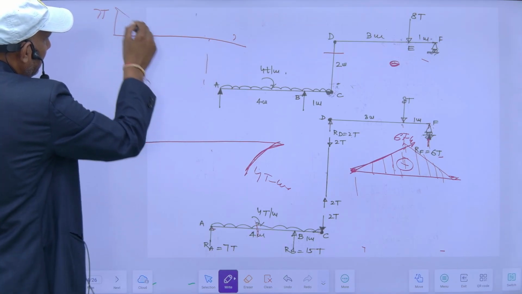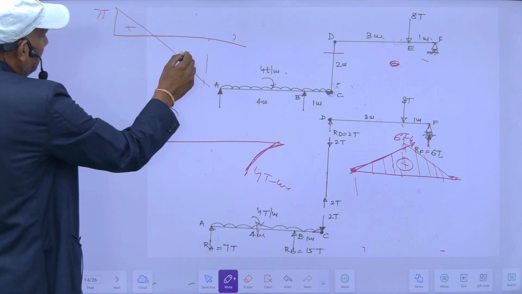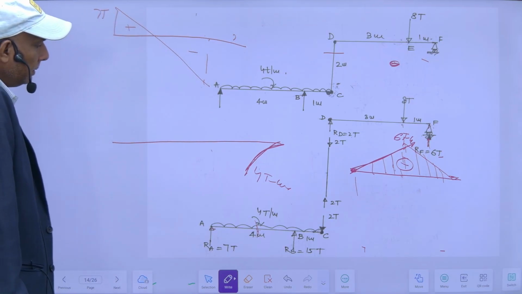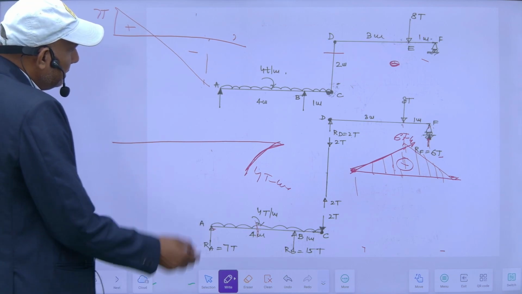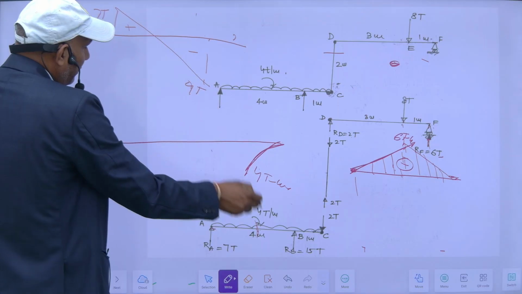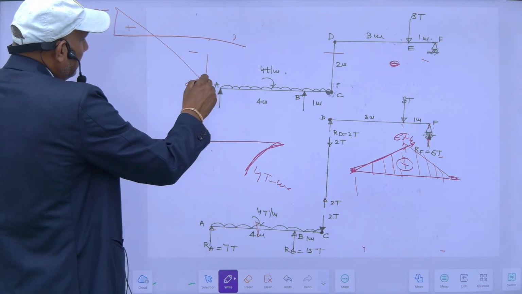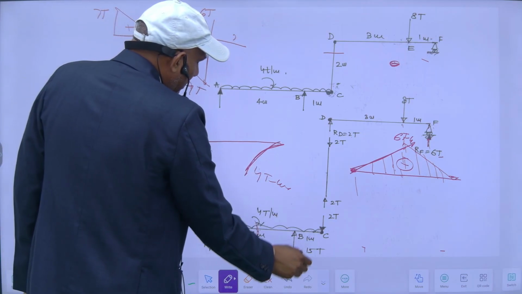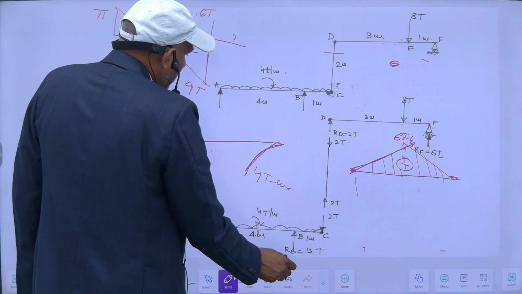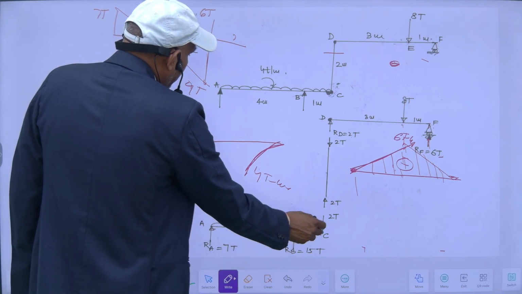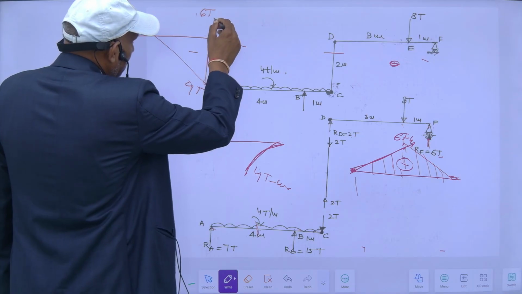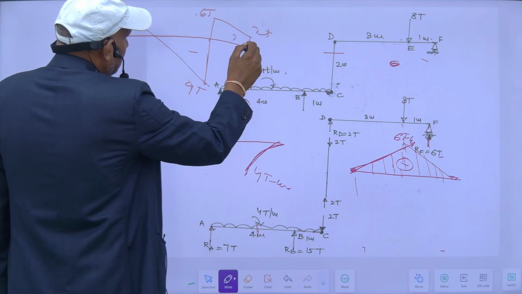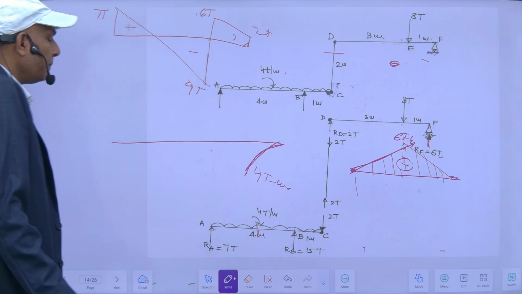So it will be minus 9 ton here, then again a jump of 15, so it will be 6 ton, then 6 minus, this will be 4 into 1, so 4, it will be 2 ton. So this will be my shear force diagram.